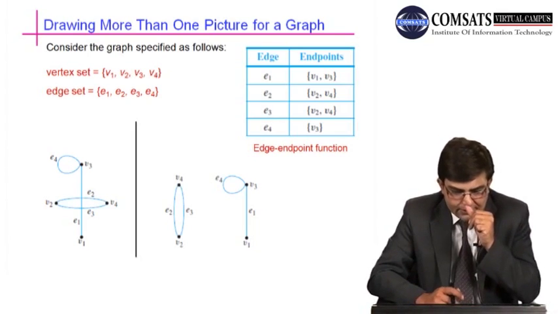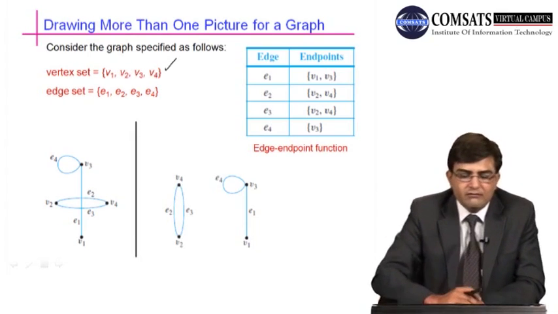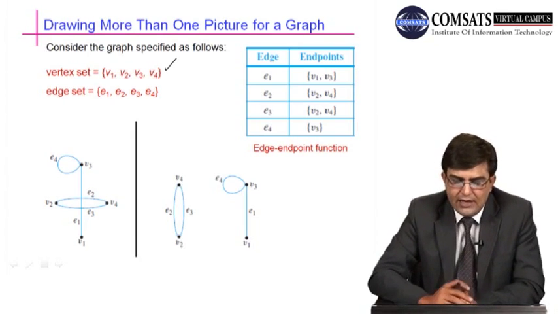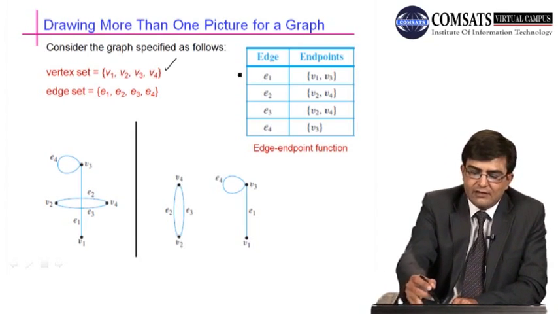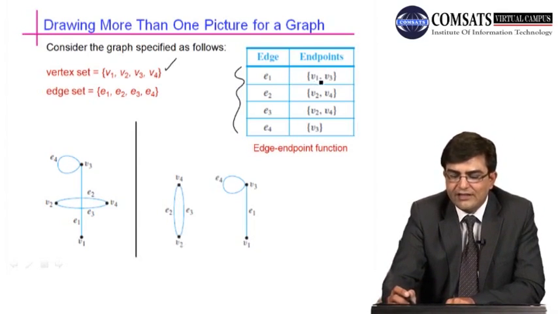Consider the graph specified as follows. The vertex set is V1, V2, V3, V4. Edge set is E1, E2, E3, E4. And the edge endpoint function is given here. The endpoints of E1 are V1 and V3. Endpoints of E2 are V2 and V4, E3, V2, V4. So these two are parallel edges.